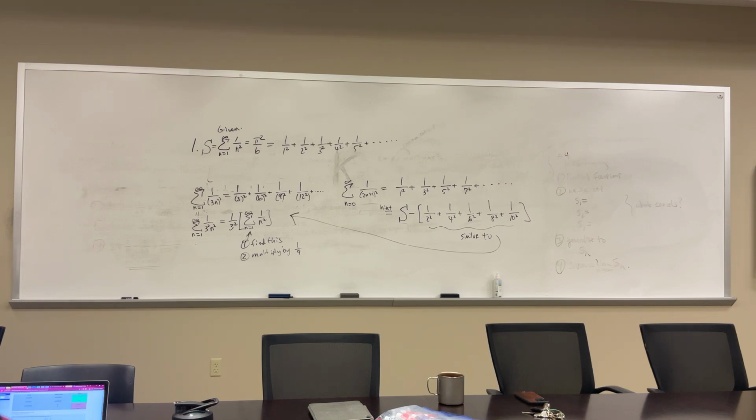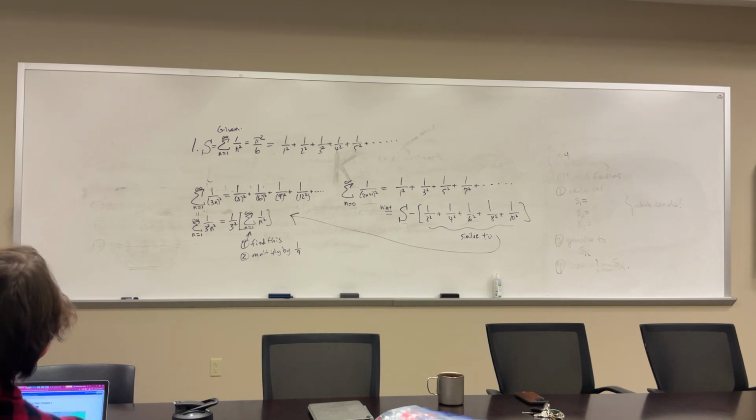So do a partial fraction on this general term, and then write out the first partial sum, second partial sum, third partial sum, using that factorization. Look for what cancels, because a lot of stuff is going to cancel.